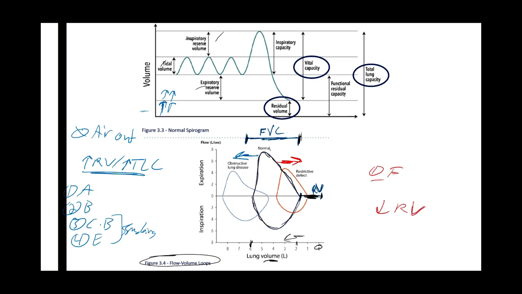So it kind of makes sense, right? On a flow volume loop, you can see the residual volume for restrictive lung disease is decreased compared to normal, and for obstructive lung disease, it's increased. So we can go over that more in class later if you guys have questions on it.